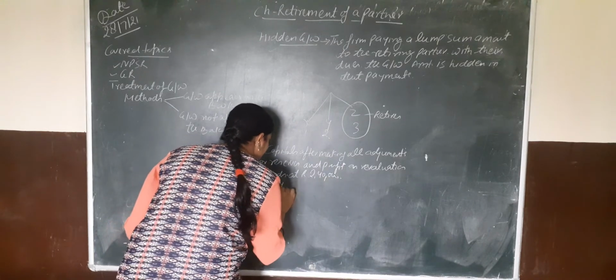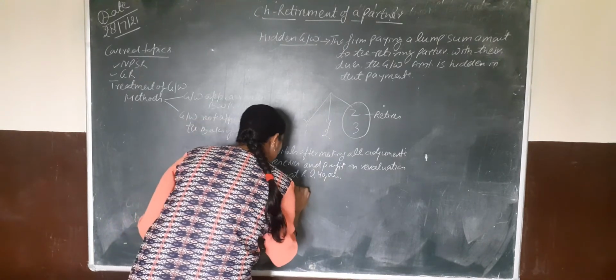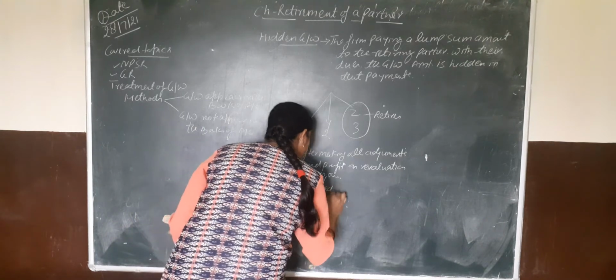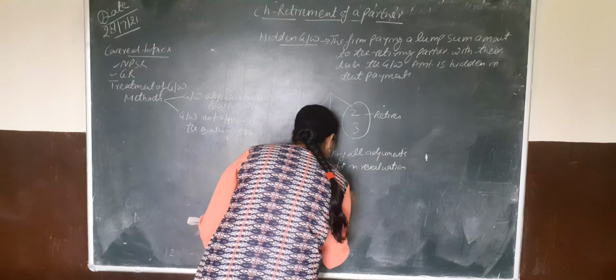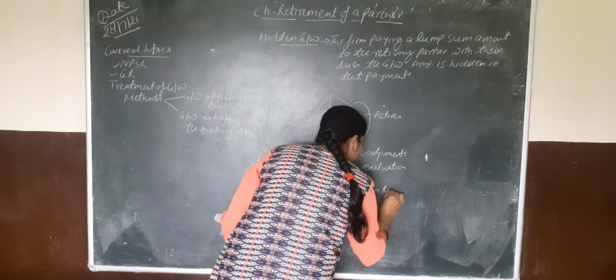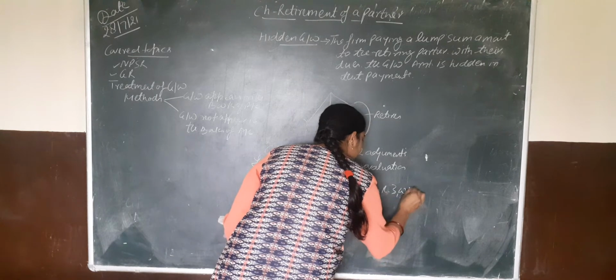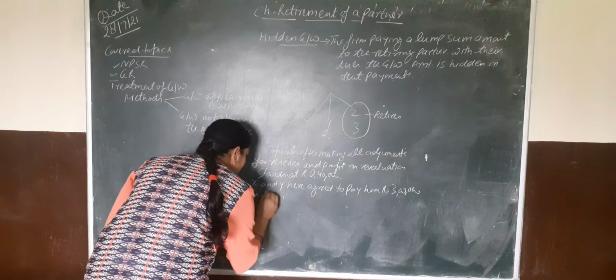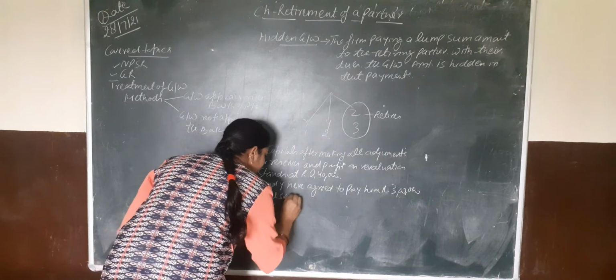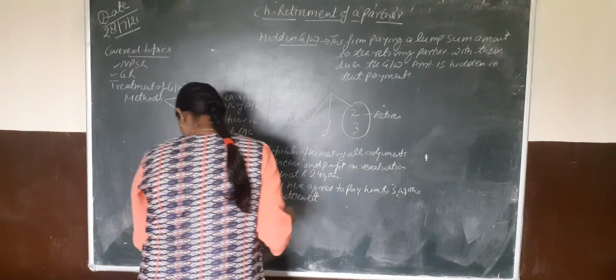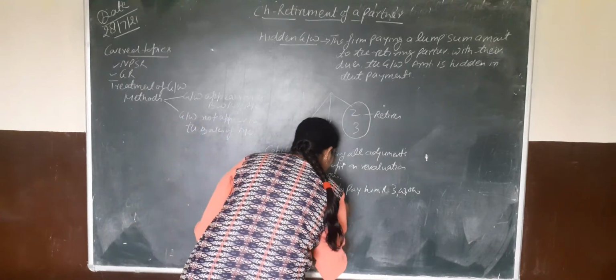X and Y agreed to pay him rupees 3 lakh in full settlement of his claim.